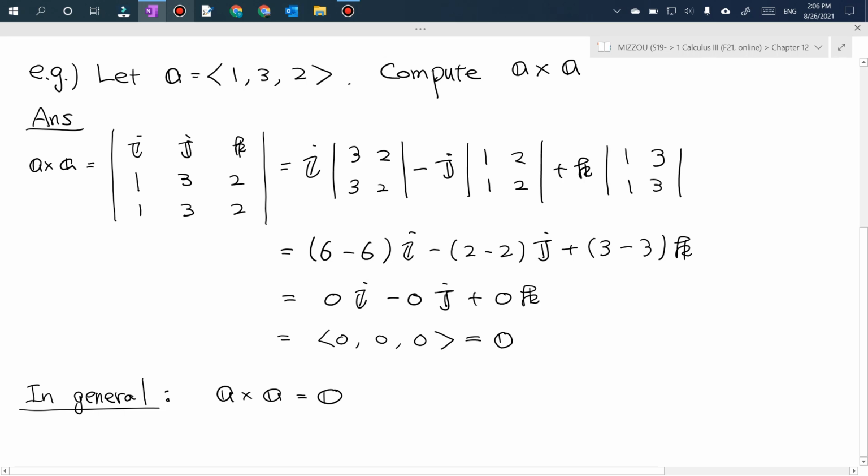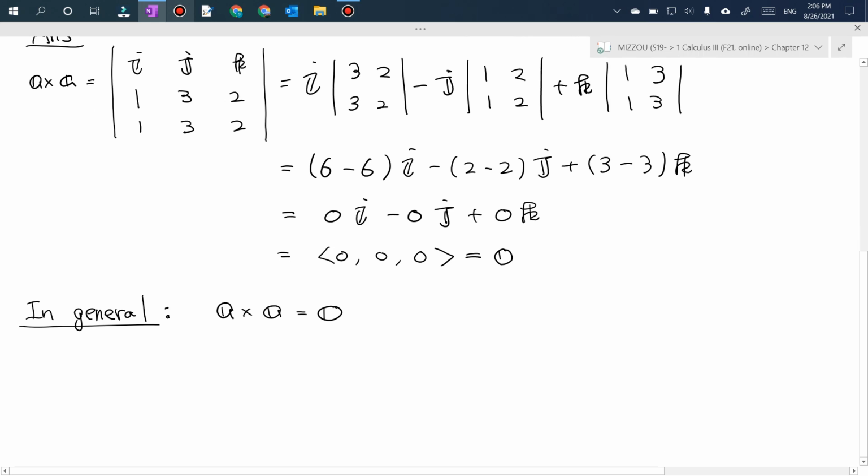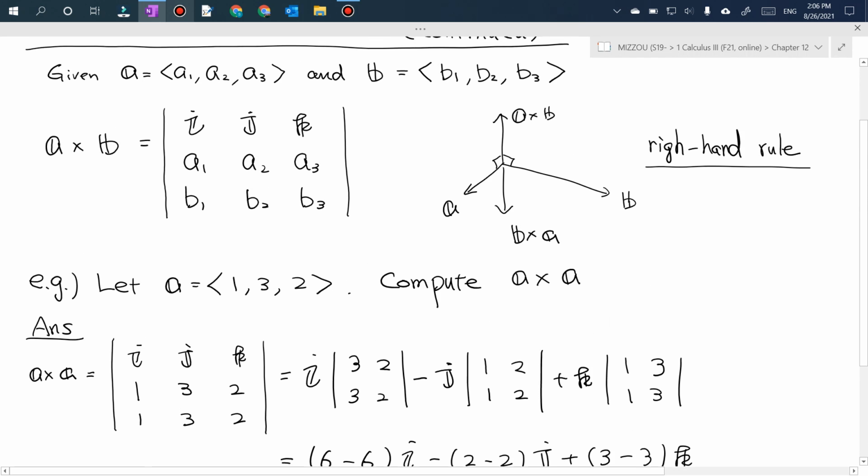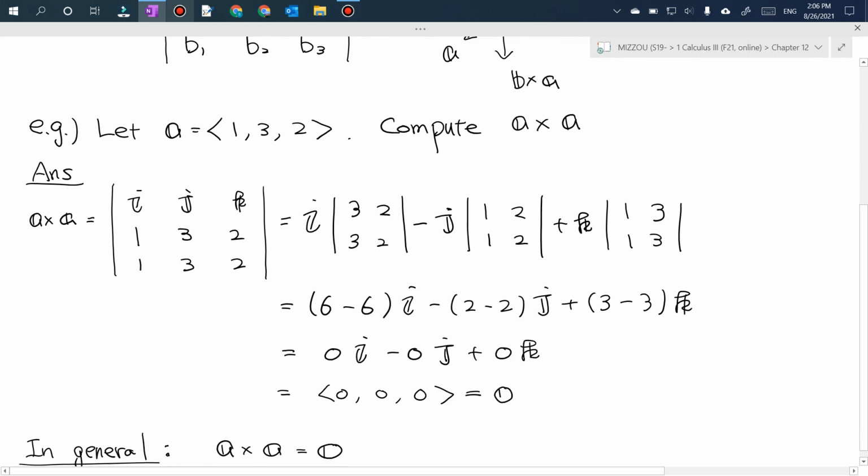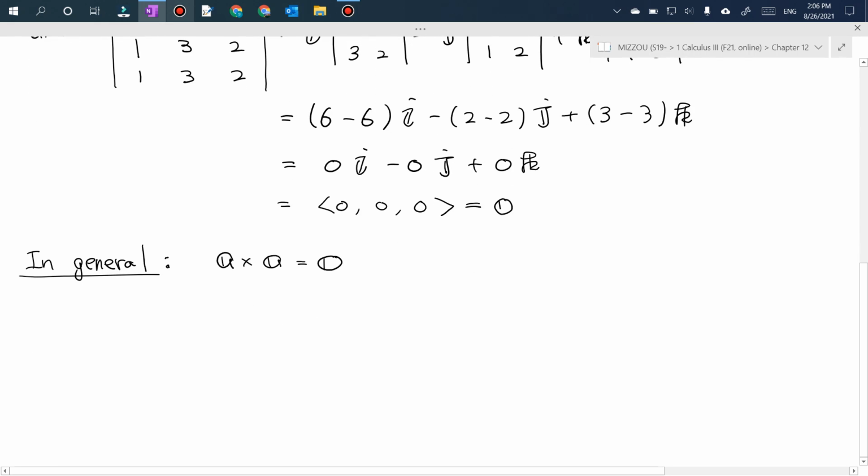This is actually a special instance of some other property of the cross product. Namely, like I said, if you have vectors A and B and you compute the cross product, you get a vector perpendicular to both A and B. Now, how about the magnitude, the length of the cross product? Well, it turns out that the length of the cross product is written in this way. So here's a theorem.